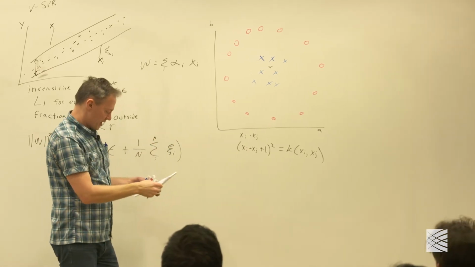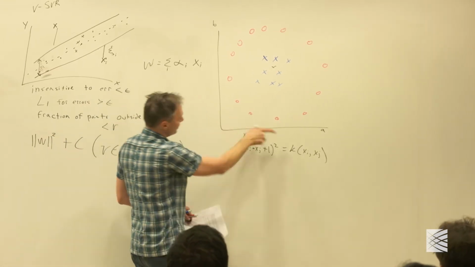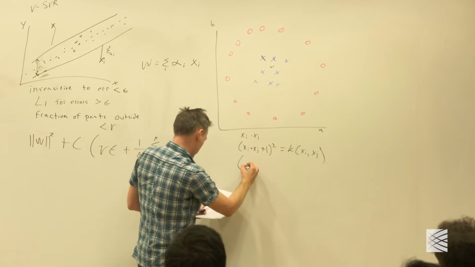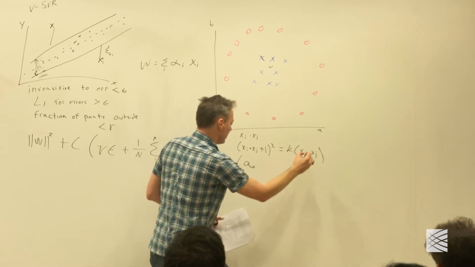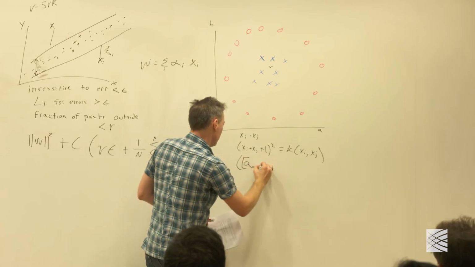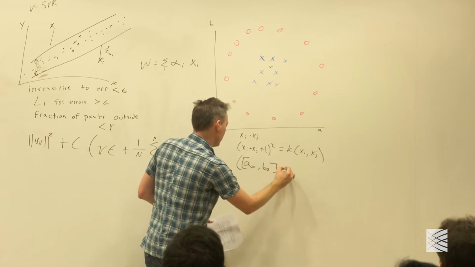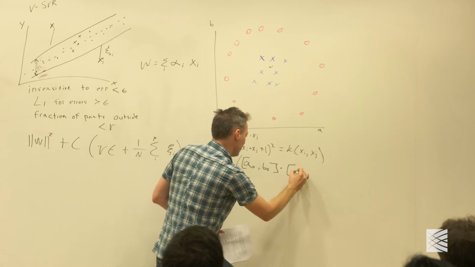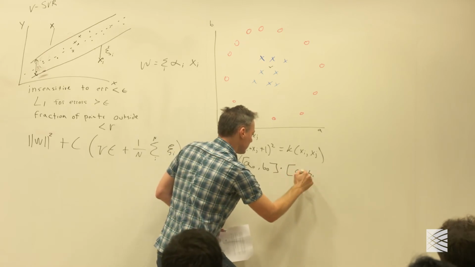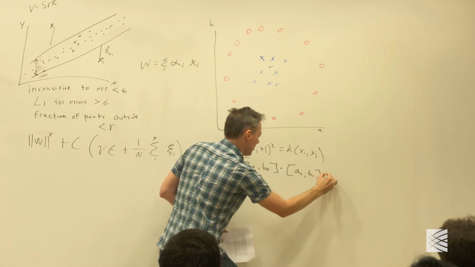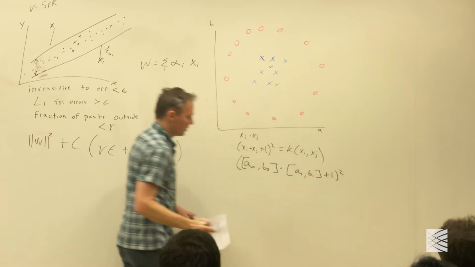If we expand this out with A and B for two points, so we have (A0, B0) dot (A1, B1), plus 1, squared.